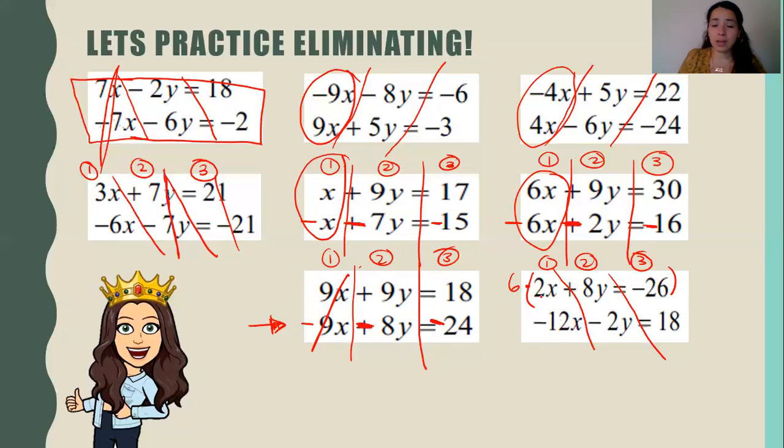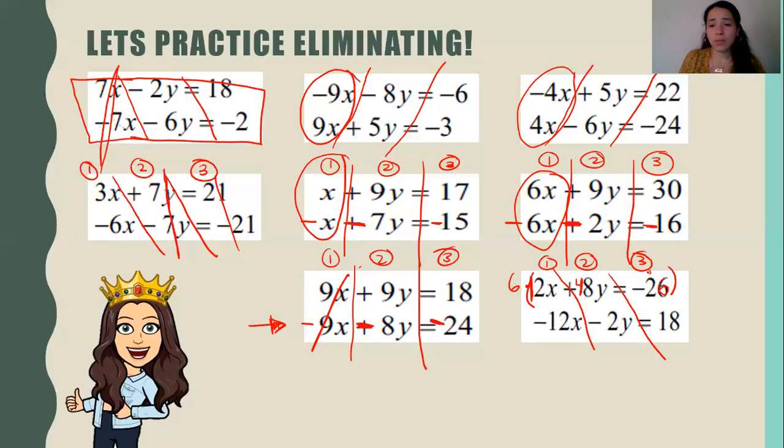So this is going to become, instead of 2x, it's going to become 12x. Good. But remember, I have to multiply it to each one. So 6 times 8 becomes 48y. And then 6 times -26, let's see, 6 times 6 is 36.